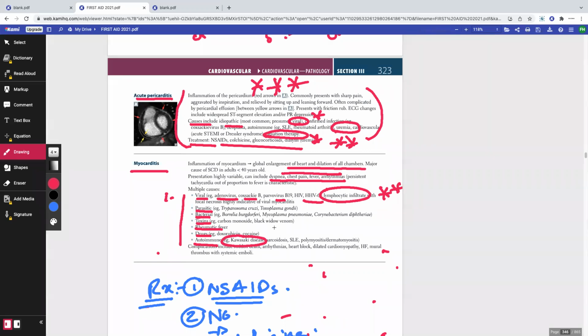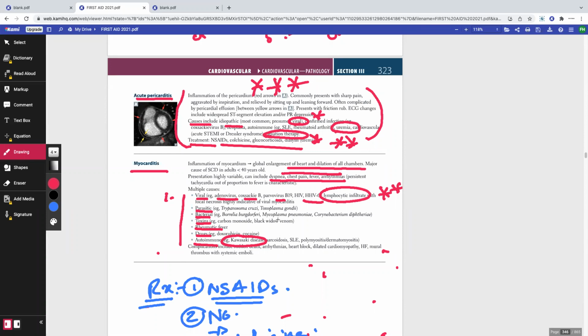Over here, who is the student who remembers Kawasaki's disease? Kawasaki's disease. It's a medium vessel vasculitis that is more common in Asians. Yes or no? Fast answers, please. And young children. The answer is yes. What are the sign symptoms? The sign symptoms are conjunctival injection, rash, adenopathy, strawberry tongue, and hand and foot rashes.